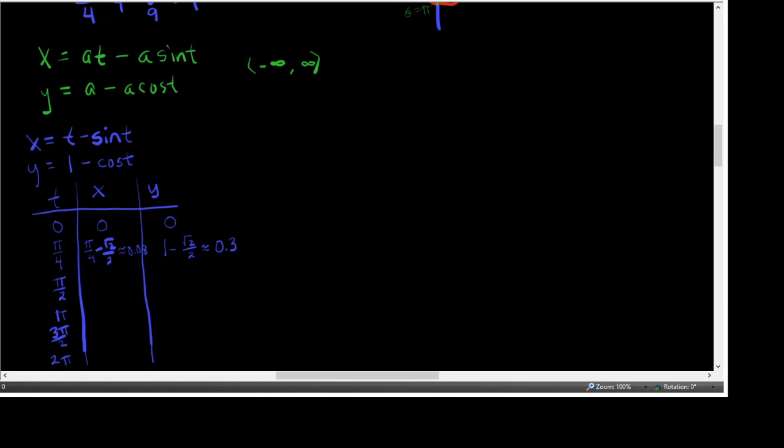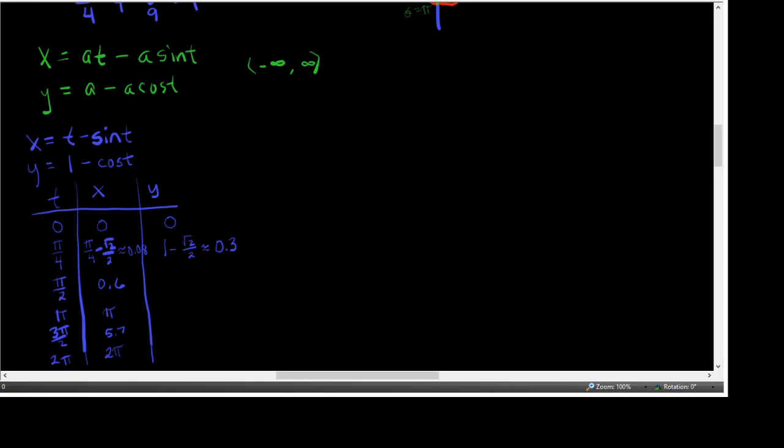So if we kept doing that for all of these angles, the x for pi over 2 will be 0.6. And you can verify maybe a couple of these and make sure that they're correct. Pi is going to be pi, which is of course 3.14. 3 pi over 2 is 5.7. And 2 pi is 2 pi, which is about 6.28.